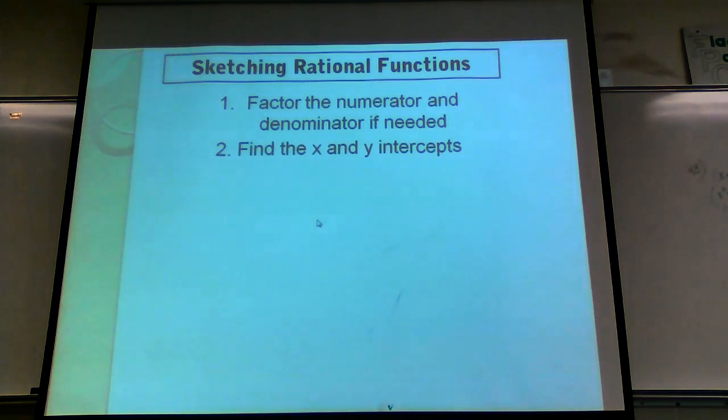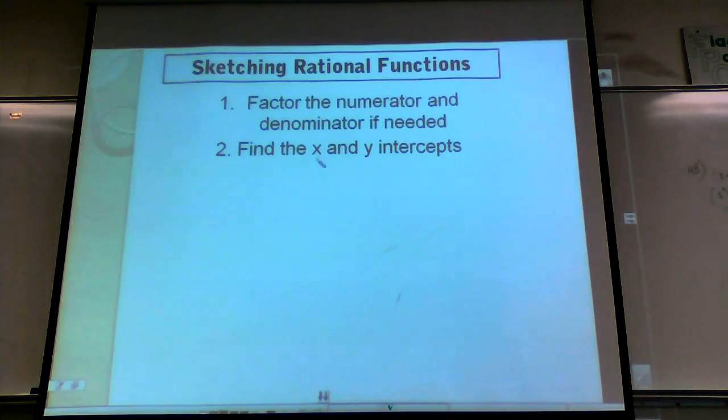The second thing would be to find the x and y intercepts. Of course, once you get it factored, it's probably going to be easier to find them. If you remember, guys, the x-intercepts are where y equals 0, or if you think of it as a function, where f of x equals 0.